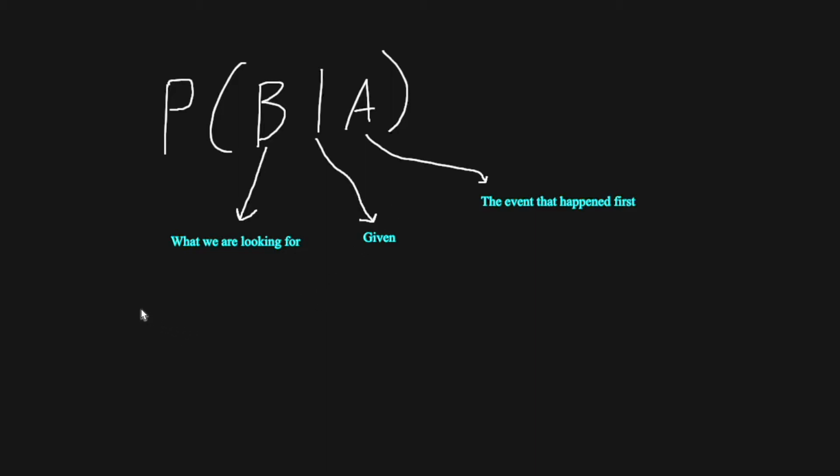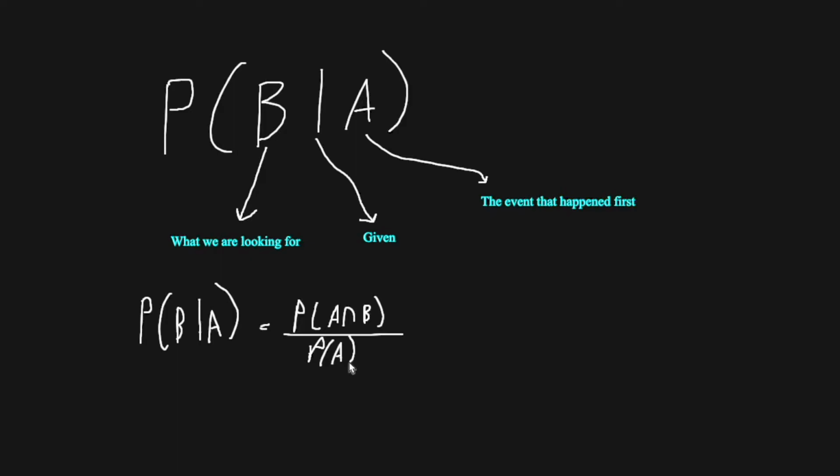We can also see that the probability of B given A is equal to the probability of A and B over the probability of A. Whatever your given is would be the probability in the denominator.